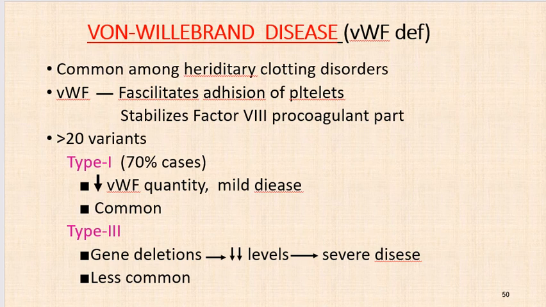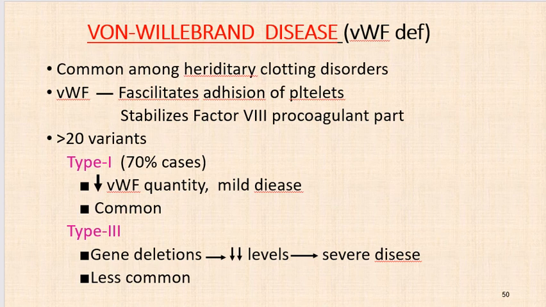More than 20 variants of von Willebrand disease are there. In type 1, which makes about 70% of the cases of von Willebrand disease, there is decreased quantity of von Willebrand factor. The disease is mild and it is commoner among this group.